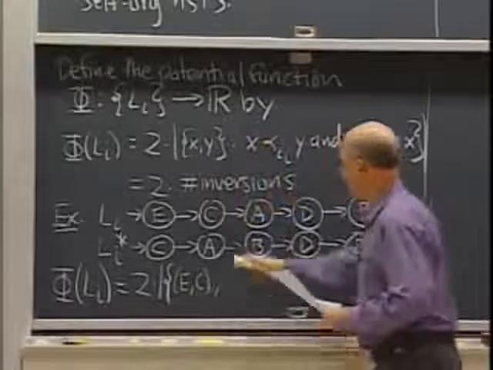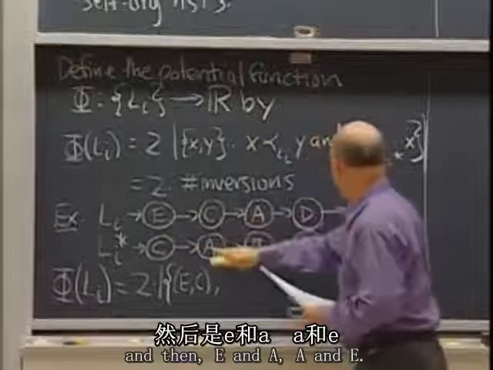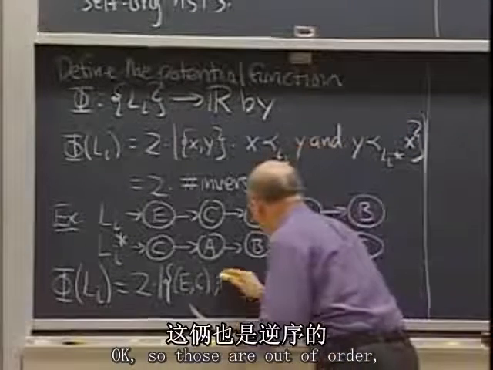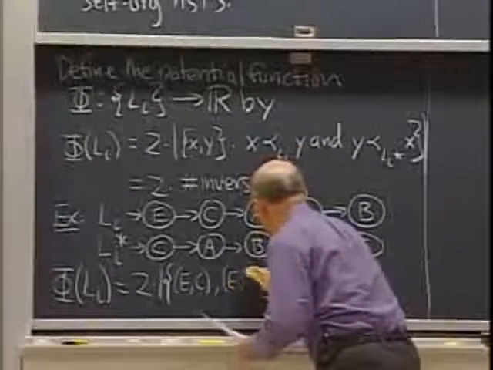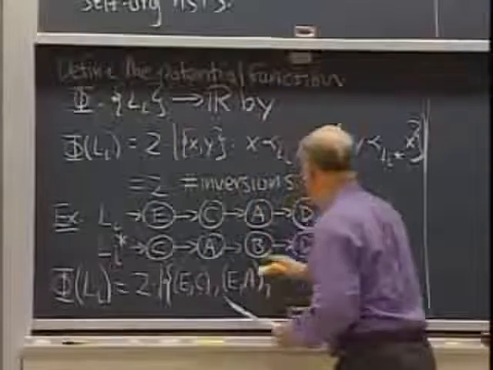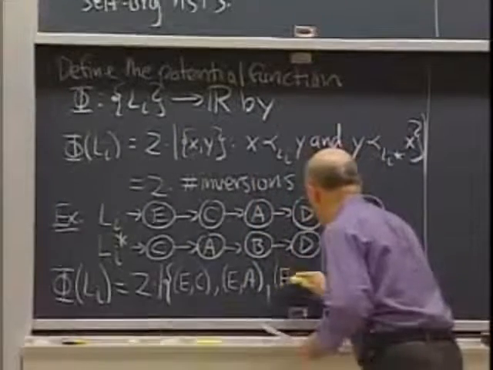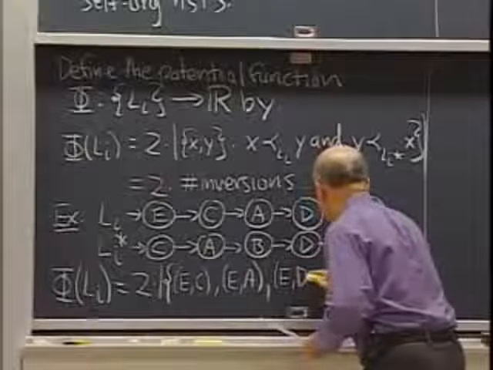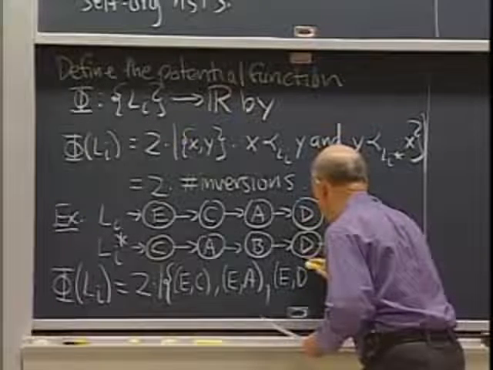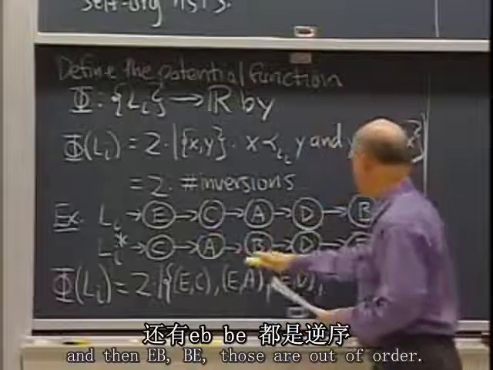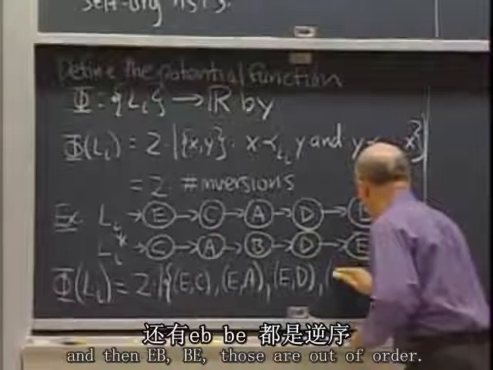Okay? And then E and A, A and E. Okay, so those are out of order. And then ED, DE, out of order. And then EB, BE, those are out of order.